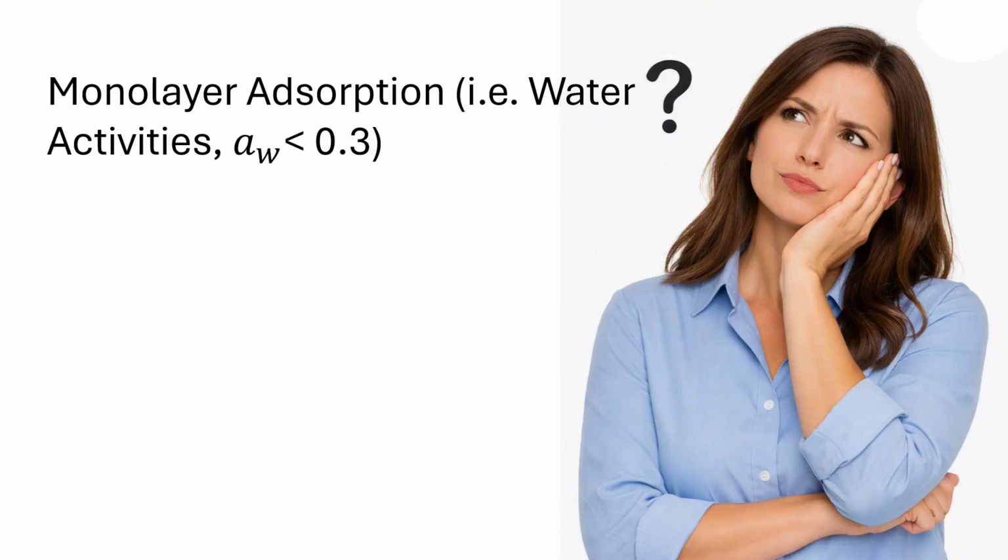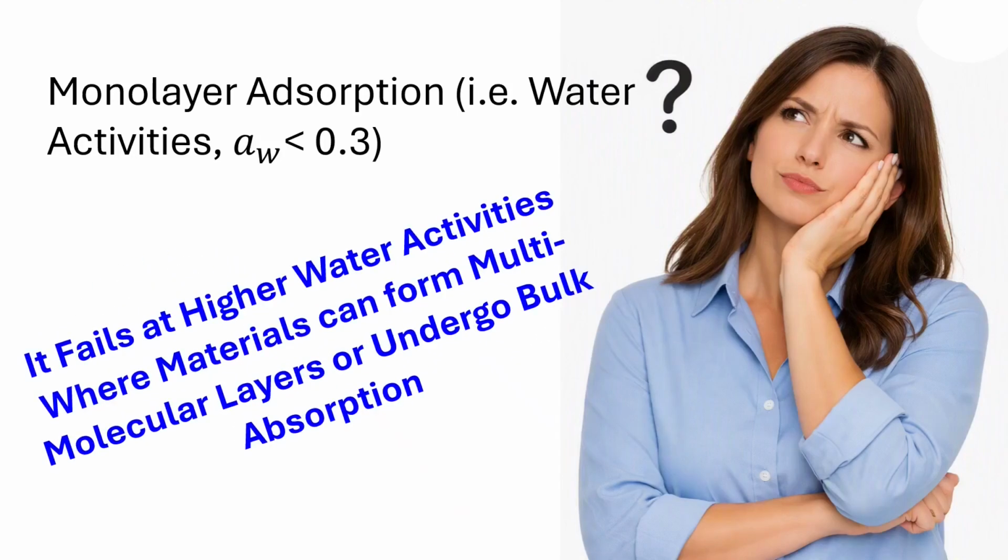Langmuir model works well for monolayer adsorption, that is, low water activities, Aw less than 0.6. It fails at higher water activities where materials can form multimolecular layers or undergo bulk absorption.